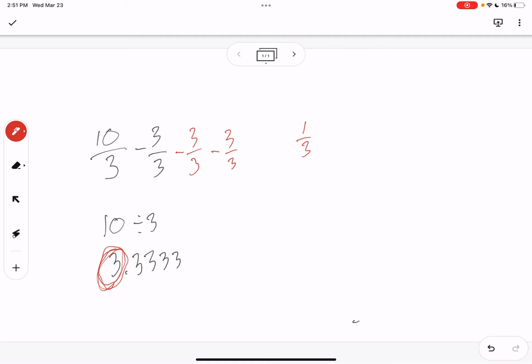So when I want to find out how many whole fractions are in an improper fraction, I take a calculator, divide the numerator by the denominator, and whatever whole number I get tells me how many whole fractions I have. I'll just write 3. I have 3 whole fractions.